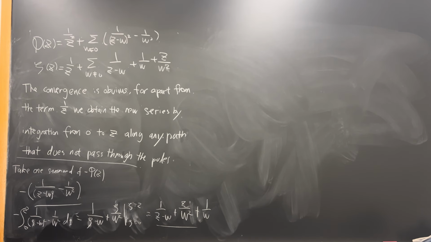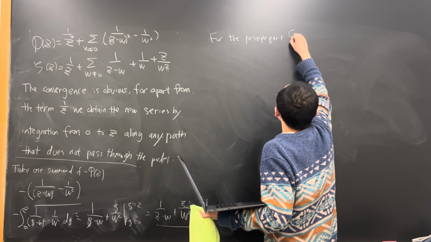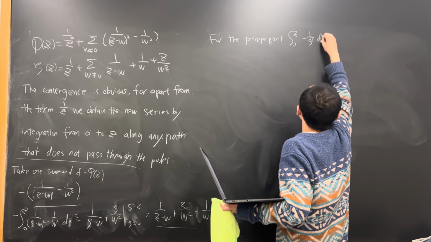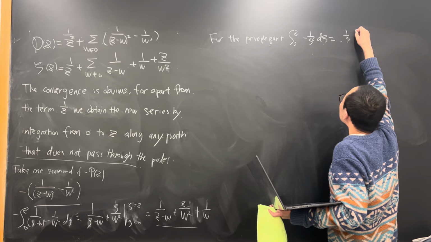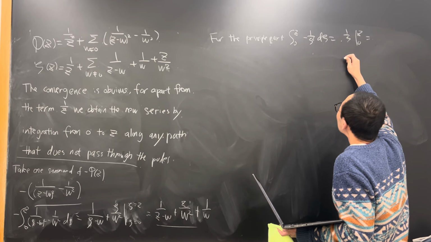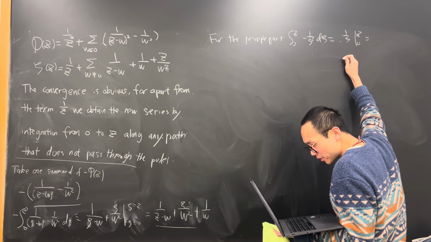For the principal part, remember that the principal part is just negative 1 over z squared. Take the integral, which is equal to 1 over zeta. I think here we should take a limit or something.